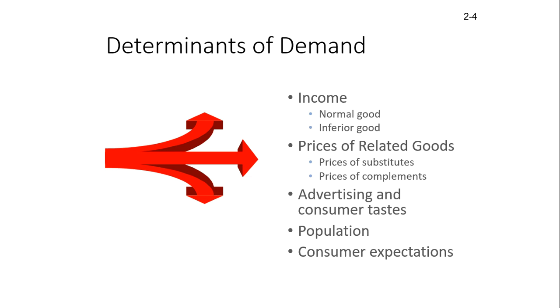Why? Because when consumers expect that there will be something in the near future that is going to affect their purchasing power, there is always an impact on demand. So if consumers expect an increase in the price of a particular good which they value, there will always be an increase in demand.